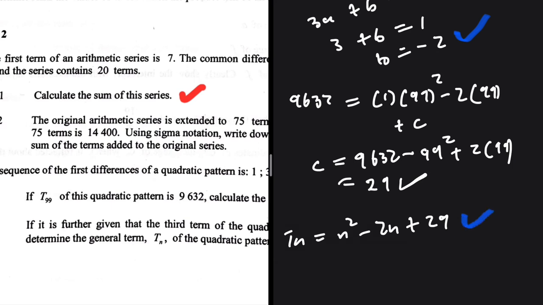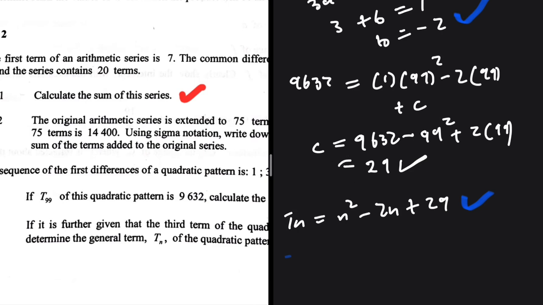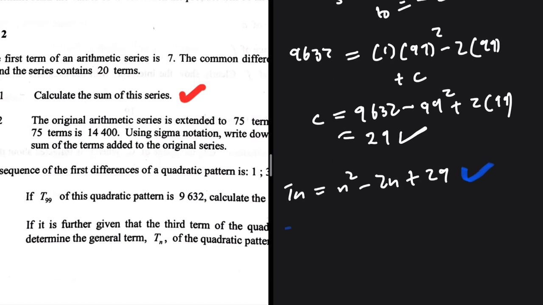So this is Tn. Obviously, we can test and see if this is correct. We can substitute 98 and 99. When we substitute 99, we shall find this term, and when we substitute 98, we shall find the term that we found as an answer to the previous question.